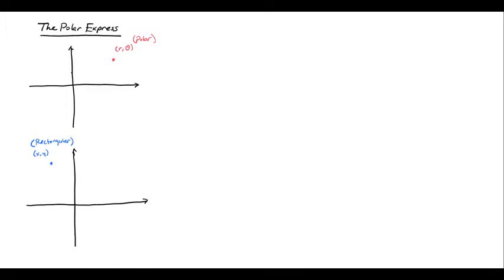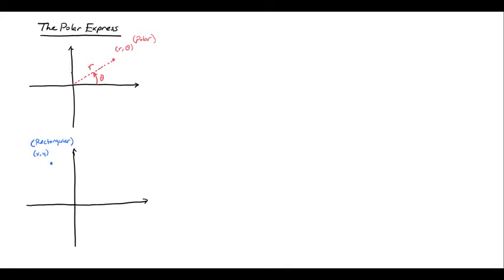First of all, suppose I'm given this point here, and its coordinates are r comma theta. Again, what do those things mean? R, that first coordinate, represents my distance from the origin, and theta represents my bearing as measured counterclockwise from the positive horizontal axis.